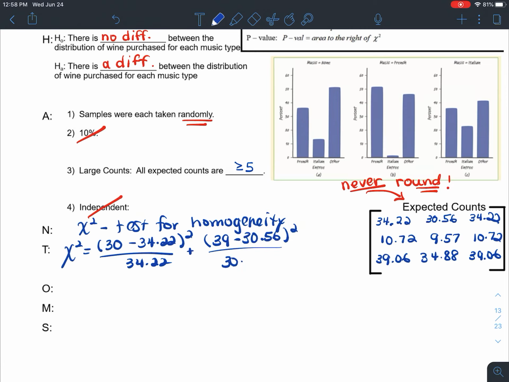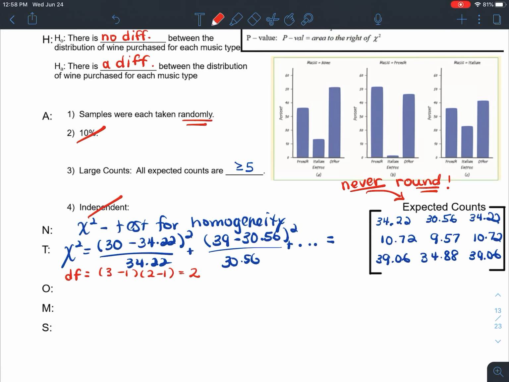Observed minus expected squared divided by expected, and then dot, dot, dot, and then we'll give some room there, okay? I'm going to go ahead and jot down the degrees of freedom because I should be able to calculate that myself. It's the number of columns minus 1 times the number of rows minus 1. That's going to give me 2 degrees of freedom.